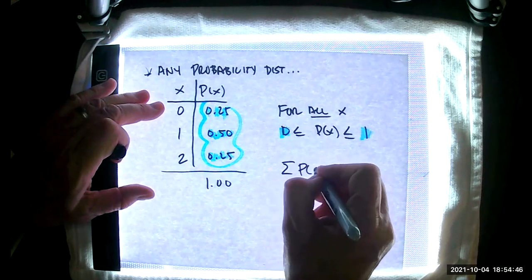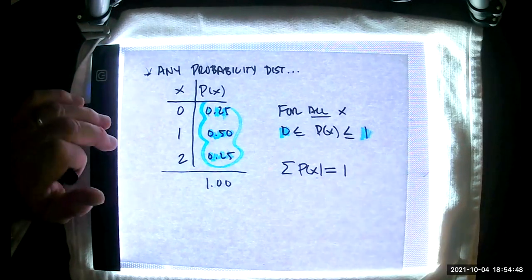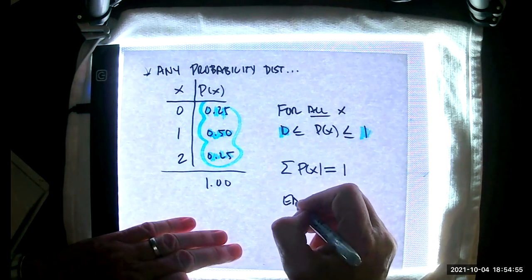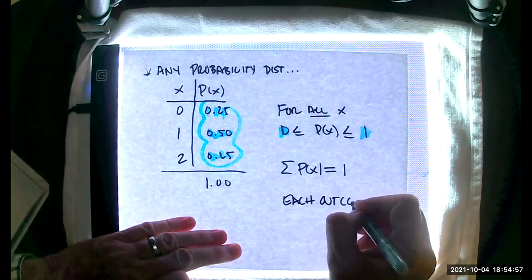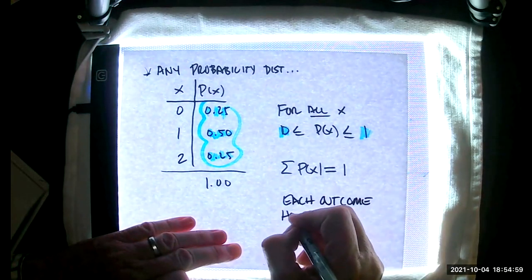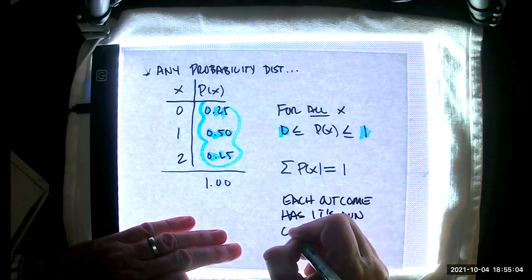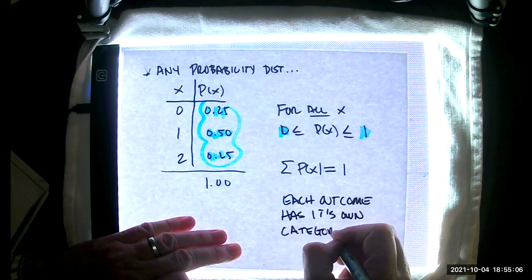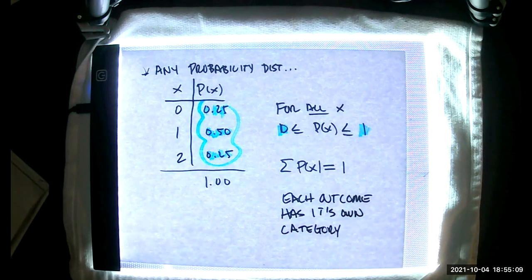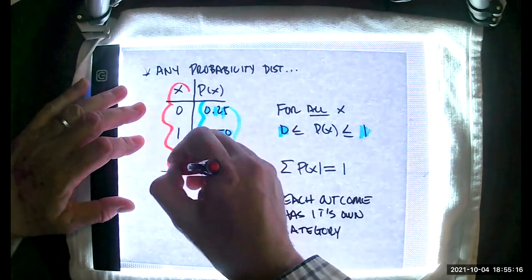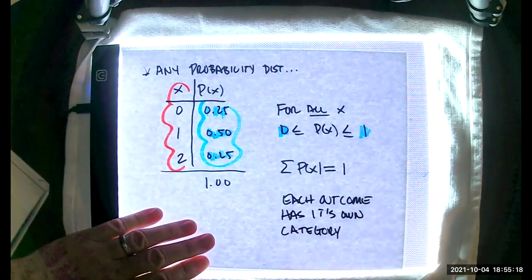So the sum of those probabilities must equal 1. Finally, each outcome has its own category, or class, just like in chapter 2.